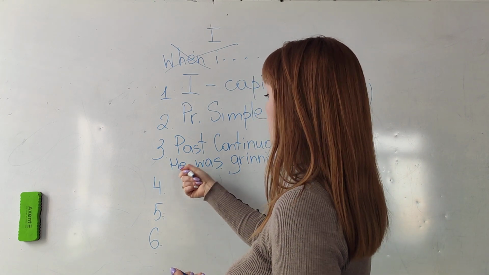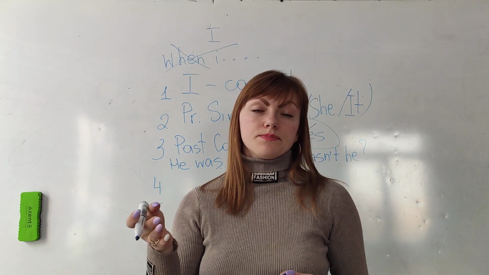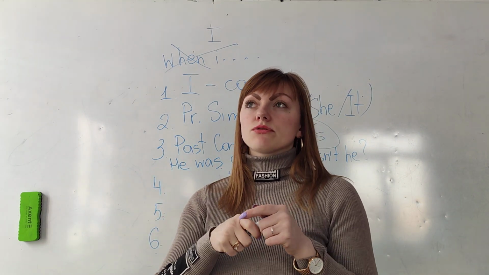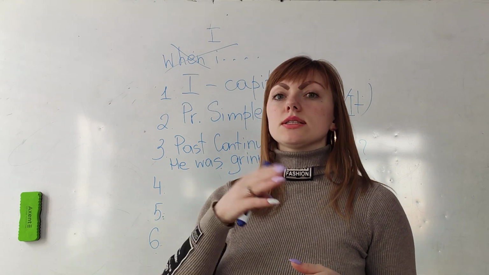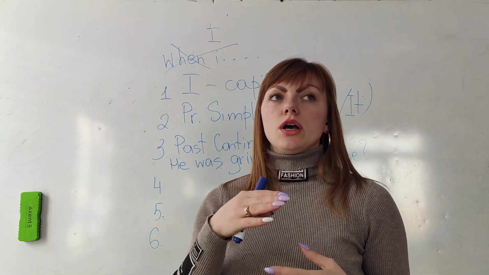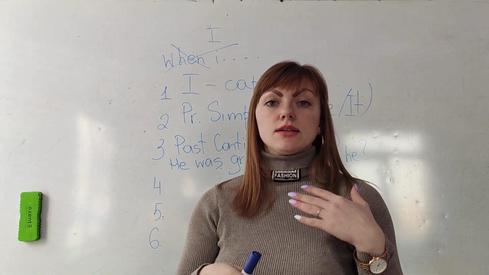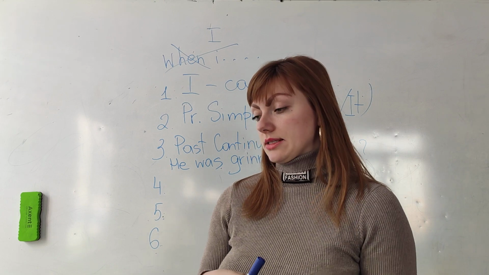If we have he wasn't grinning, we write was he. And because you have written isn't it, like in all of those question tags, you have written isn't it, not different tenses, different question tags.